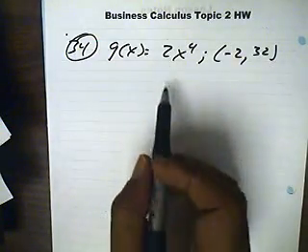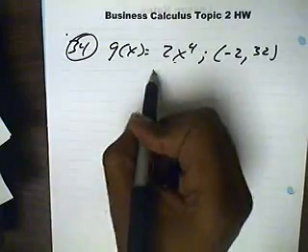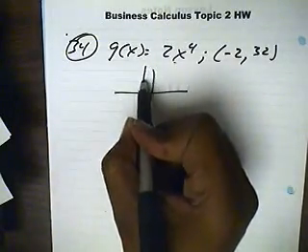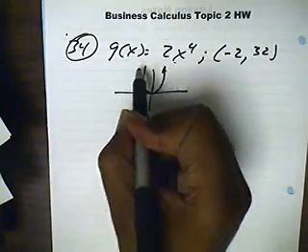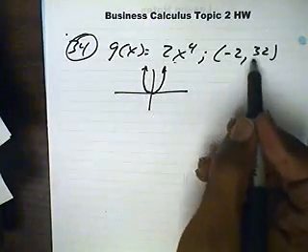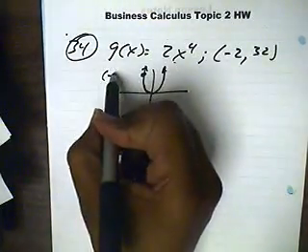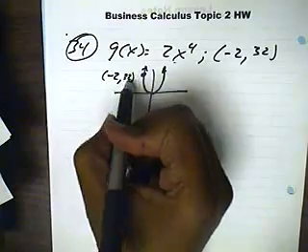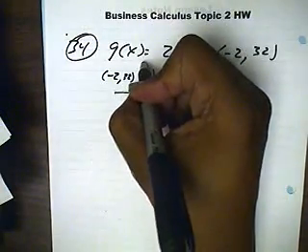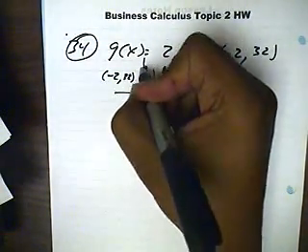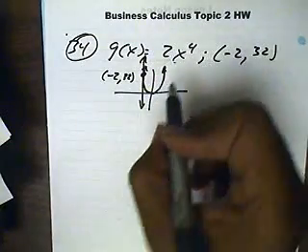The graph of this is a very thin parabola, and (-2, 32) is way over here. We want the line that's tangent at that point, so that line will look like that.